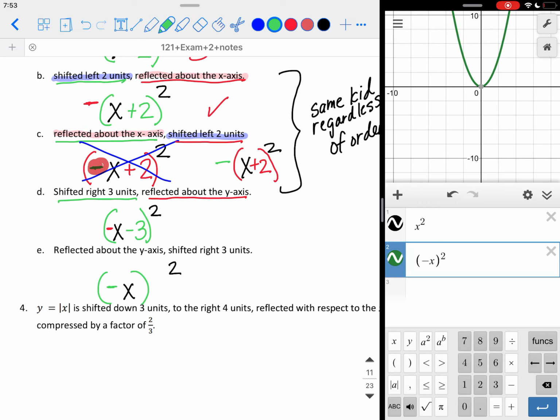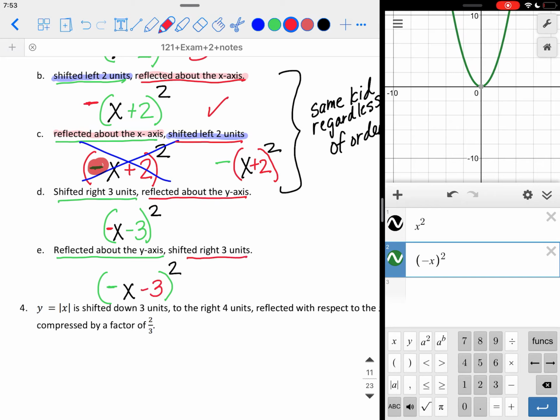Okay, now I want this kid in utero in green to shift 3 units to the right. You might say, Murga, I have to move this parentheses here because 3 units to the right has to be on the inside according to your table, and to the right 3 units is going to be -3. So this one was reflected about the y-axis, and then to the right is going to be -3.